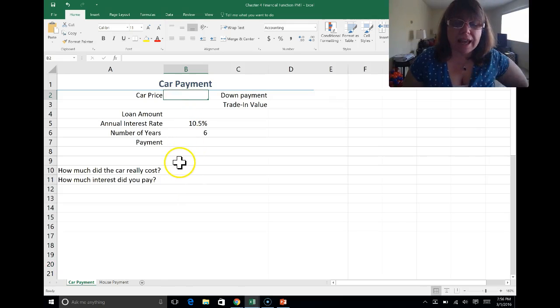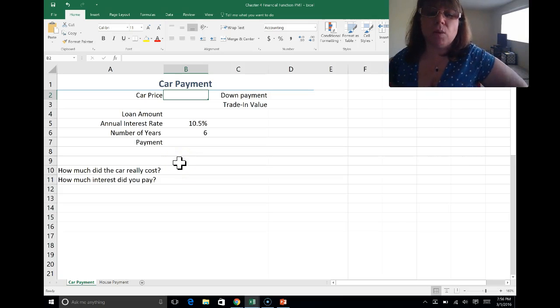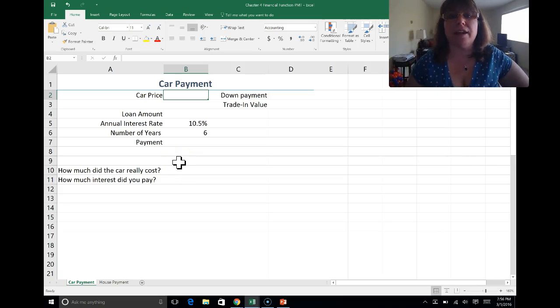I haven't been car shopping in a little while, but I have looked online to see how much typical cars cost nowadays. And it looks like for maybe a Toyota or a Hyundai, it's running about $27,000 to $32,000. So I'm going to say my car that I have in mind is about $28,500.